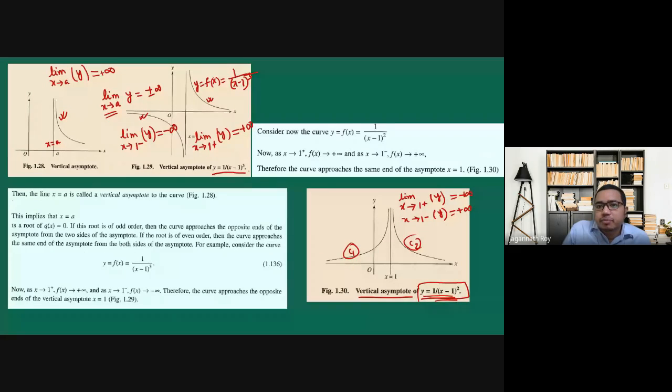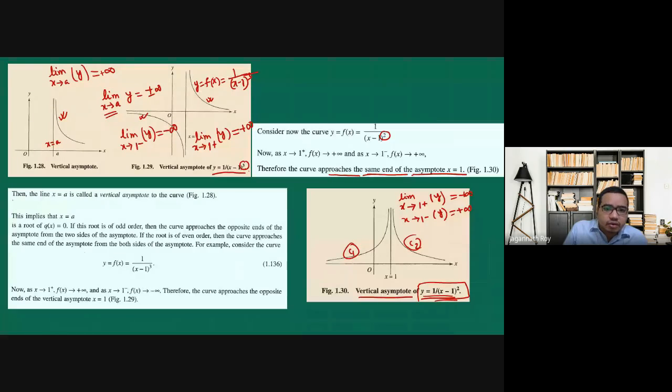For this type of function, the curve approaches the asymptote. Whether it approaches the line in the same direction or not will depend on the multiplicity of the problem.